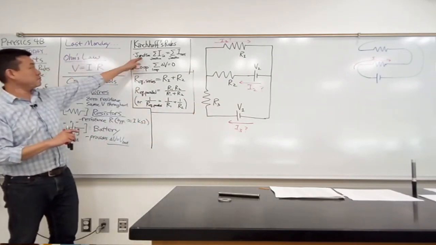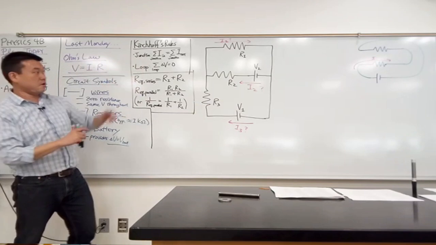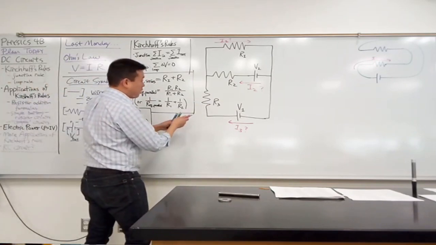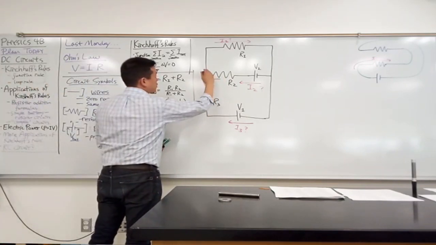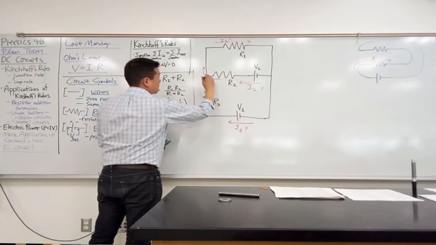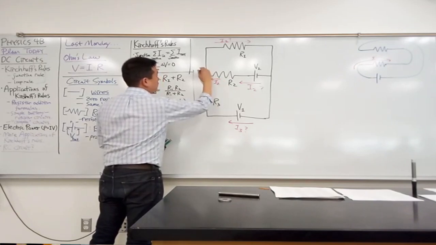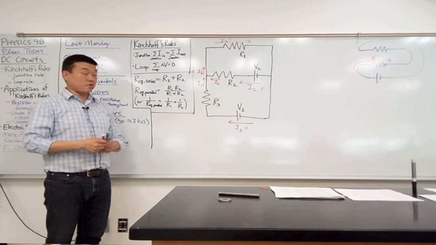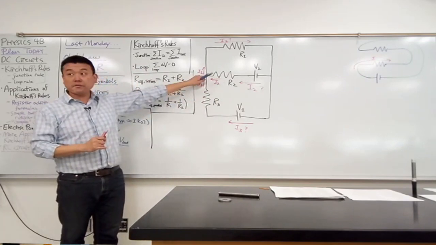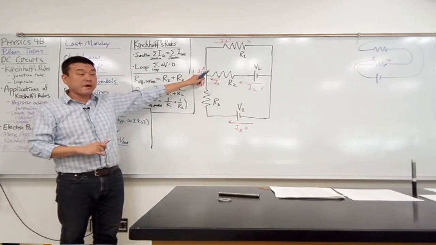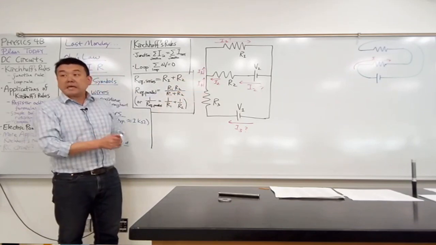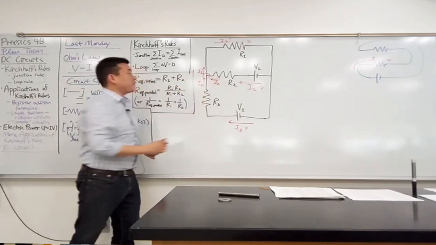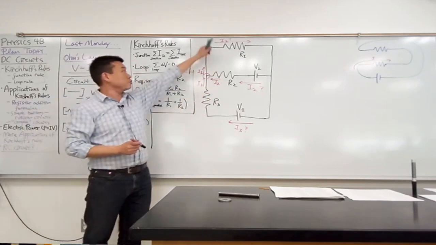No, use the junction rule. So, you know, I2, I3, and I1, they all meet together in this junction. This is I2, this is I1, this is I3. So can you say that I2 is equal to I1 without knowing anything more? Why not? Yeah. So because of this junction being here, you cannot say I2 is equal to I1.